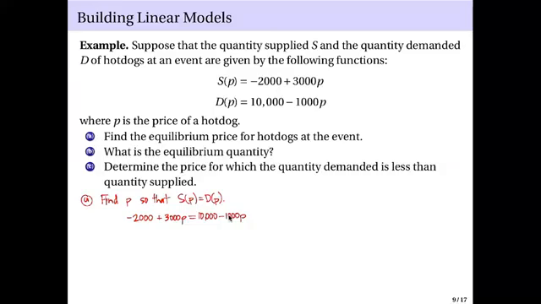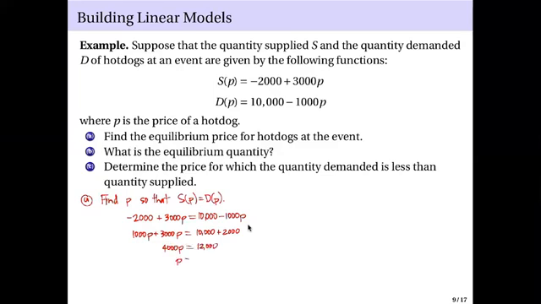So we solve this. We move this negative 1,000 P to this side. We move this negative 2,000 here to the right side. So we will have 1,000 P plus 3,000 P equal to 10,000 plus 2,000. So we will have 4,000 P equals 12,000.